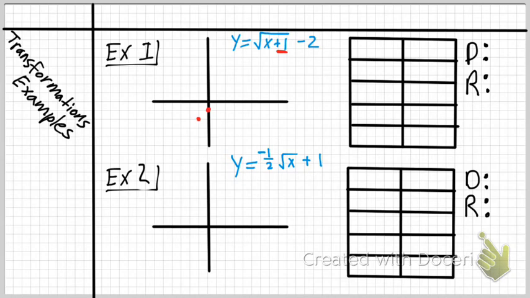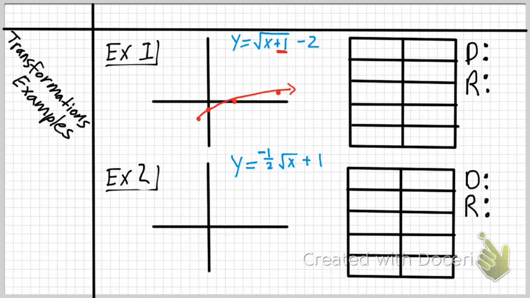Our 4, 2 becomes, well, it goes to the left 1 and down 2. So it becomes 3, 0. And then our 9 becomes 8, 1. So we connect our function here like this, and then we can list some of the points.